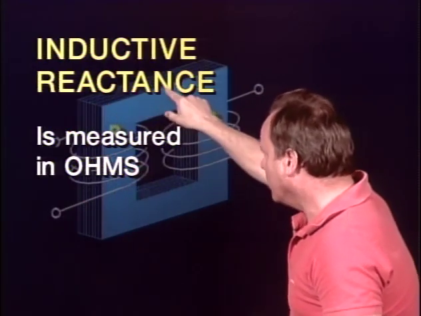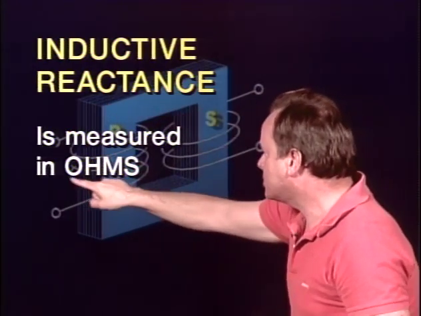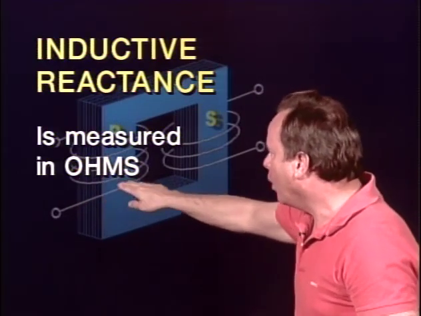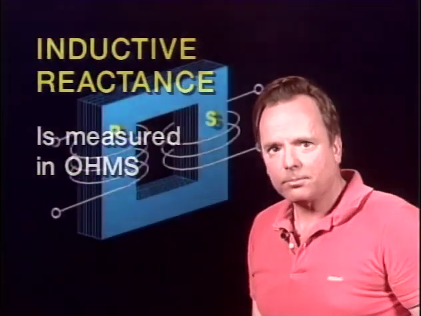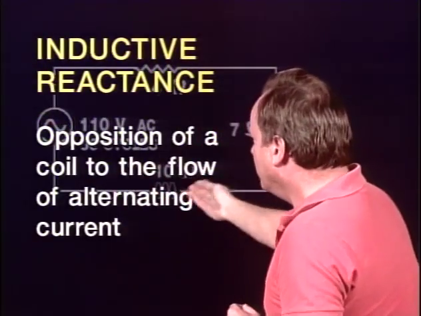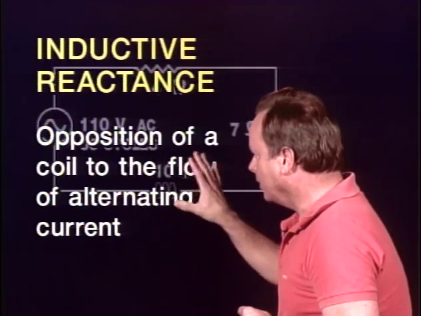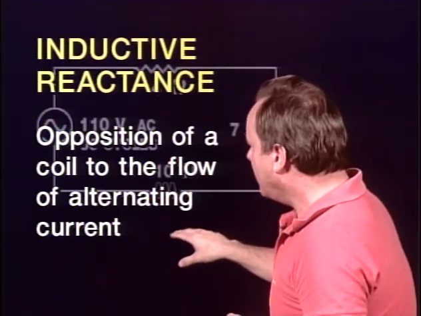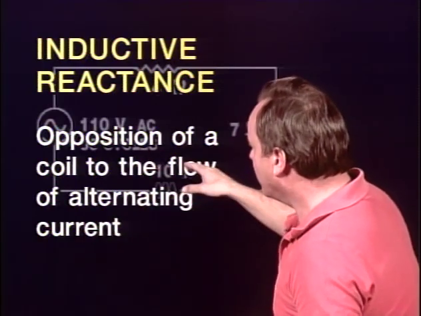And so it's called inductive reactance, and it's measured in the same unit that resistance is measured in a direct current, and it's called ohms. The unit is ohms. What is inductive reactance? Well, inductive reactance is the opposition of a coil to the flow of alternating current. It tends to slow the current down, and remember, it makes the current flow 90 degrees later than the voltage.